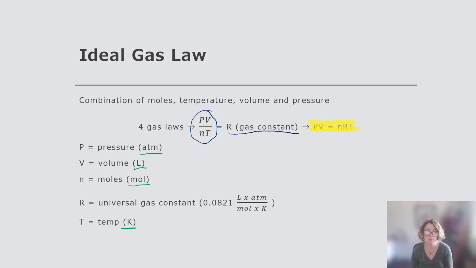The reason for this is your gas constant is 0.0821, and note your units here: liters, atmospheres, per mole, Kelvin. So make sure before you put any numbers into your equation that all of your units line up and that you have them set up correctly.